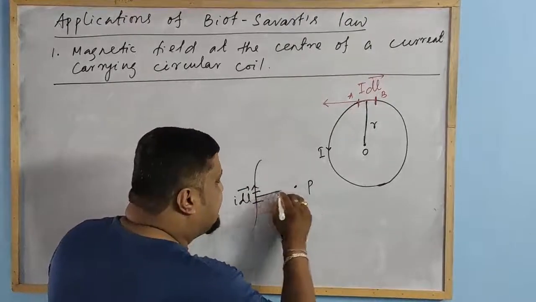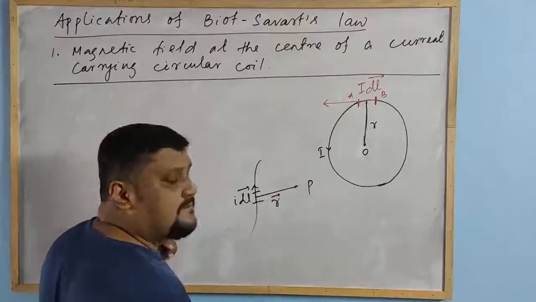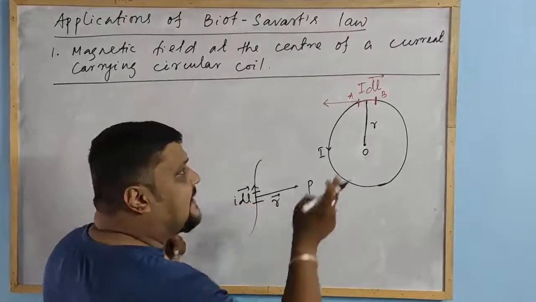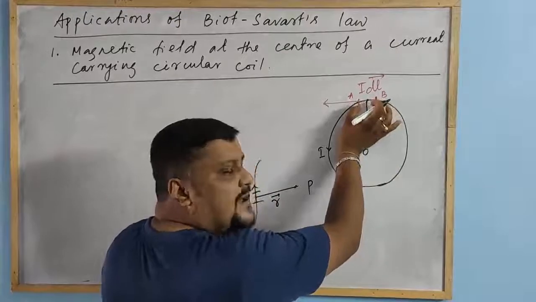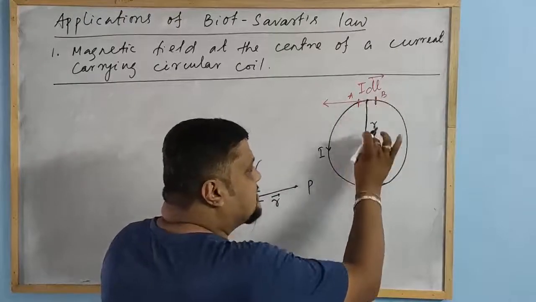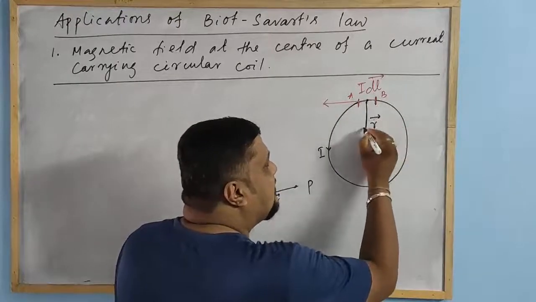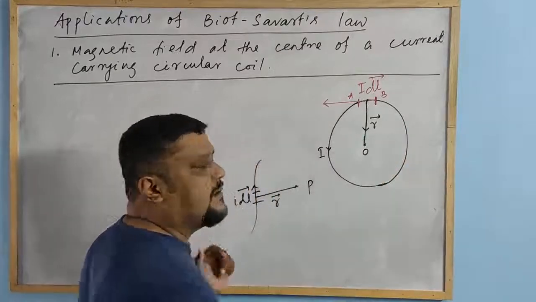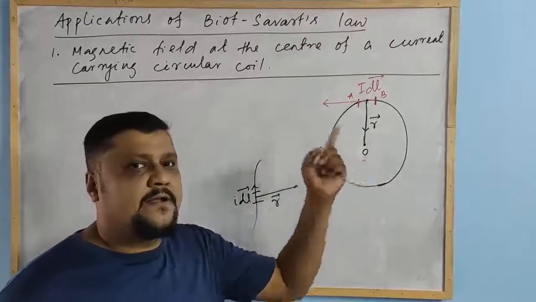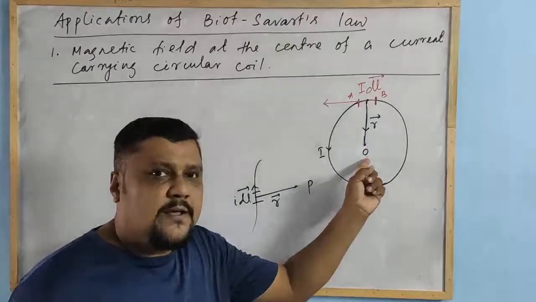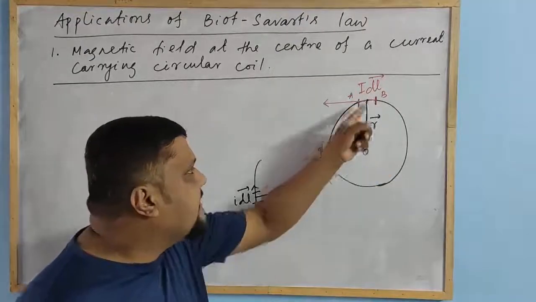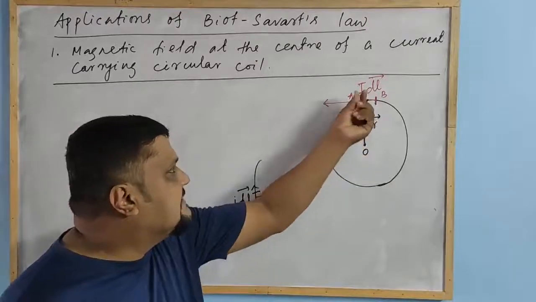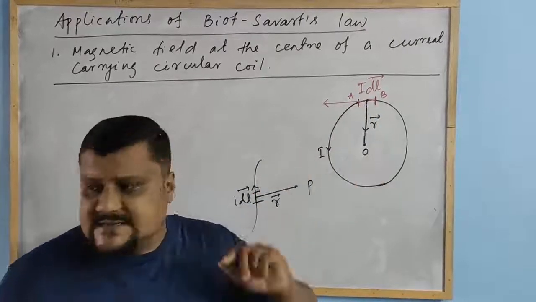The point P has the position vector r, centered at I dl, a very small element. The direction of the position vector should be towards the point where we want to find the magnetic field. Here we want the field at O, so it is directed from every element to O.